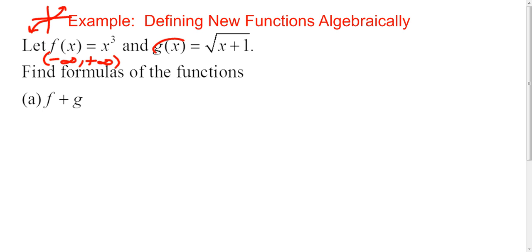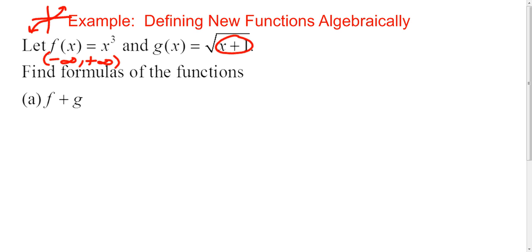Okay, for g of x, when you look at that, you cannot have the square root of a negative number, okay? So if I can't have the square root of a negative number, the smallest number that can go inside the square root symbol is 0. So I need to figure out what would I plug in for x to make that quantity be 0. And it would be negative 1.